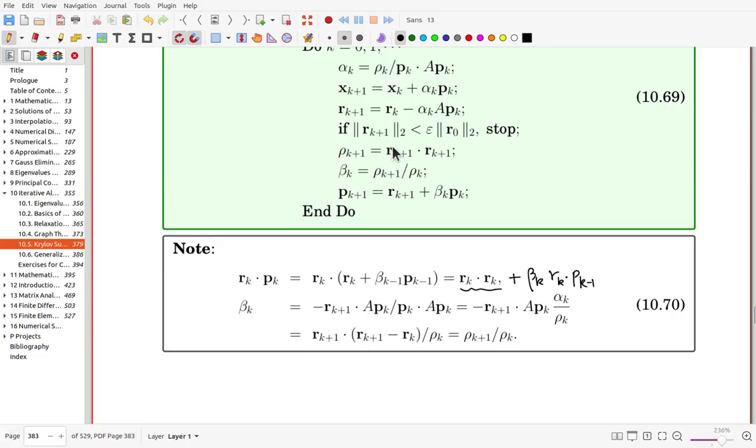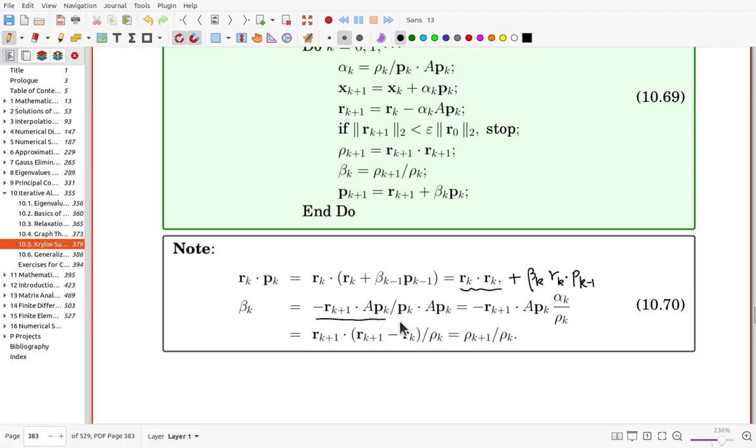Now again, for beta_k, exactly the same way. When we try to get beta_k, originally the quantity is given in this way. Now we keep this portion, that is kept the same.